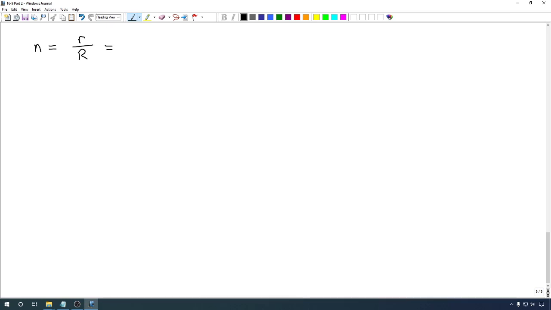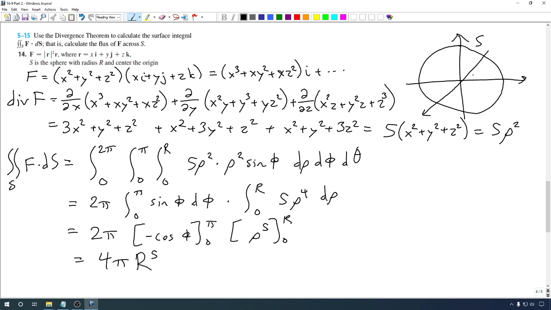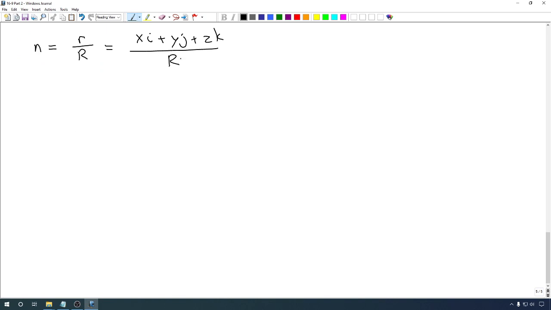So this is xi plus yj plus zk over the radius. Remember, we need it to be a unit normal. The x squared plus y squared plus z squared is equal to r squared on the actual surface S itself. And so we're pointing outwards directly away from the origin, but we have to normalize it to make sure it's a unit vector.